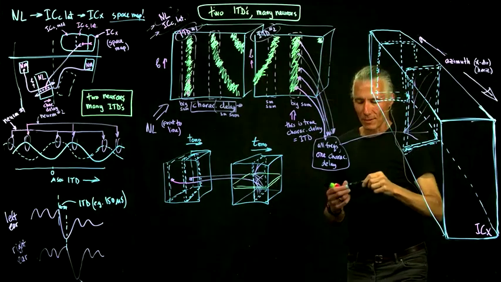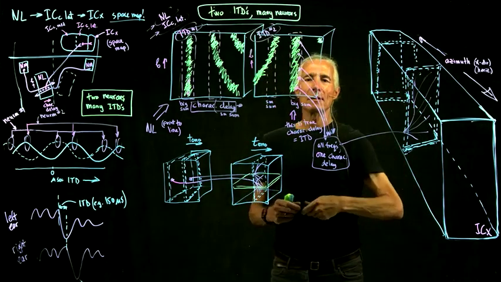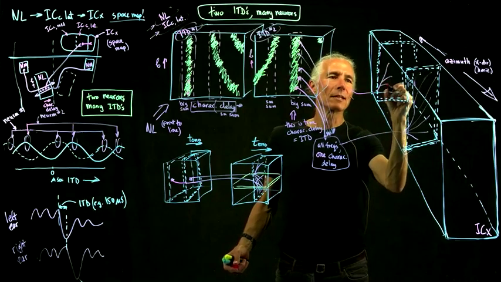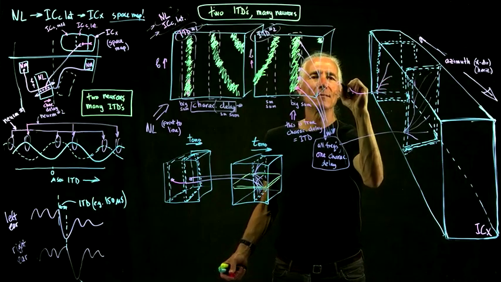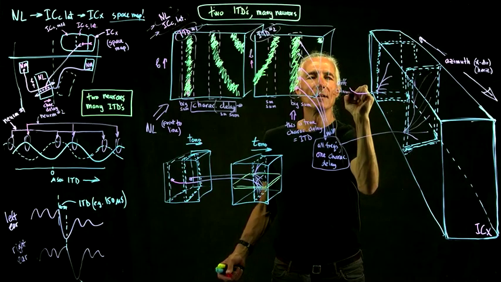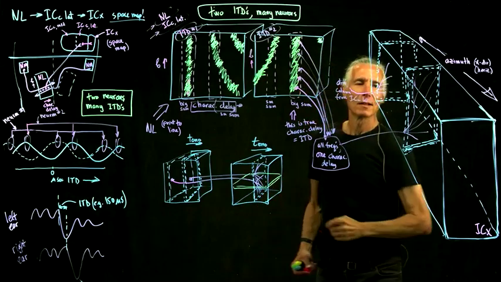So that's a different one. A different column would project over here like that. This is a different column from ICc lateral. So now what do we have?